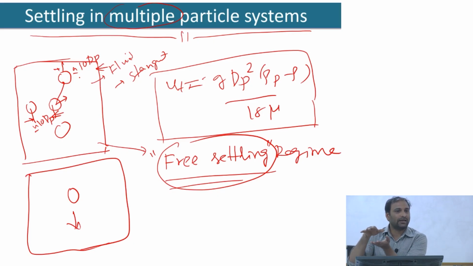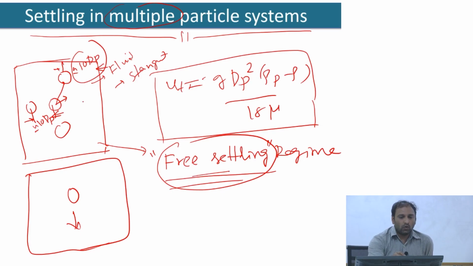In that case, I would maintain a gap of more than 100 micrometers, because the particle size is 10 micrometers. Similar things also work in free settling cases. As long as the distance between the particles is larger than 10 times the particle diameter, that's when you have free settling.